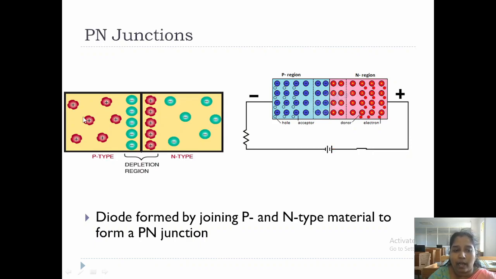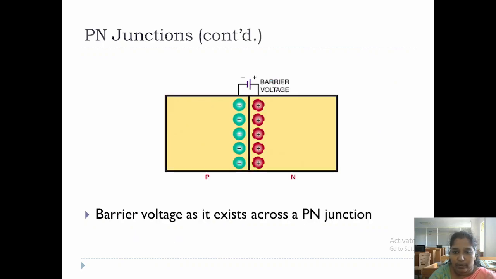Now these ions are immobile, and unlike free charge carriers like electrons and holes, they cannot move. Due to the recombination of holes and electrons near this junction, there are hardly any free charge carriers there. So the junction is depleted of free charge carriers, and this region is known as the depletion region.